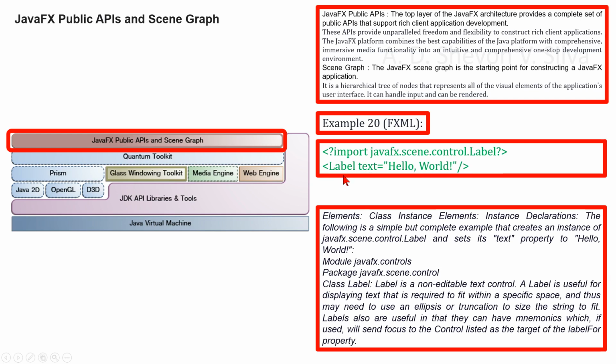The class Label in package javafx.scene.control in module javafx.controls. Label is a non-editable text control. A label is used for displaying text that is required to fit within a specific space, and thus may need to use an ellipsis and or truncation to size the string to fit.